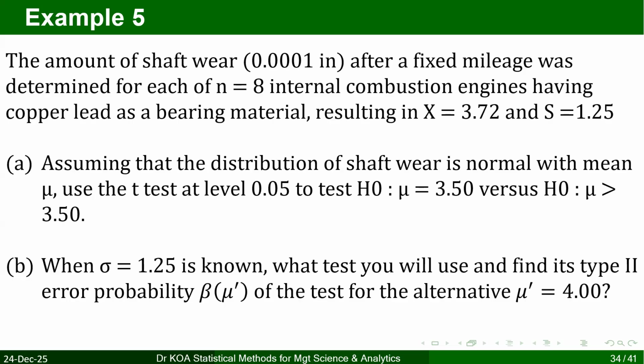Assuming that the distribution of shaft wear is normal, now you know it's normally distributed with a mean mu. Use the t-test at level 5% to test the following. So now he's giving you the mean itself. The hypothesis here is that mu is 3.5.